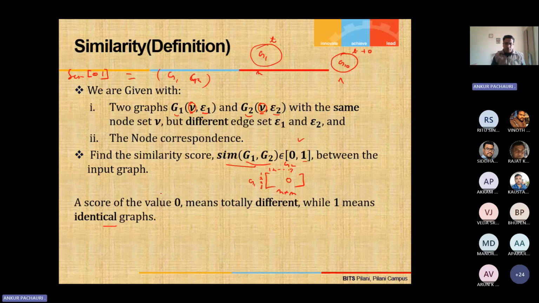I think that should be it, if I'm talking about similarity between two graphs. So 0 means totally different, G1 and G2 are complements of each other. And 1 means both G1 and G2 are exactly the same, which means isomorphic graphs. If it is 1, then G1 and G2 are isomorphic to each other. Or else it may be somewhere between 0 and 1. We can also do it in that way.